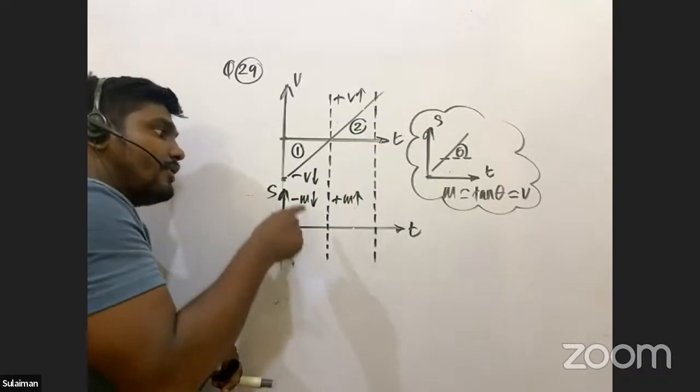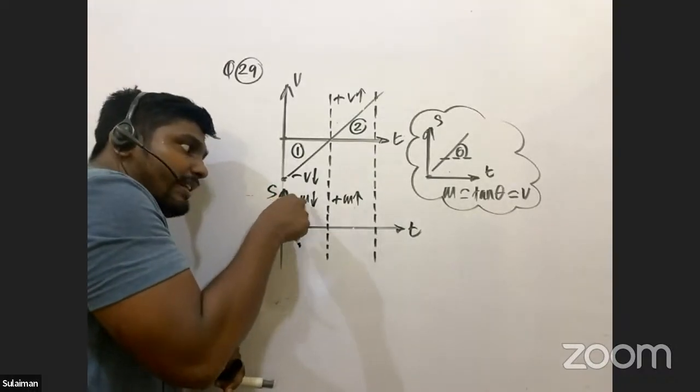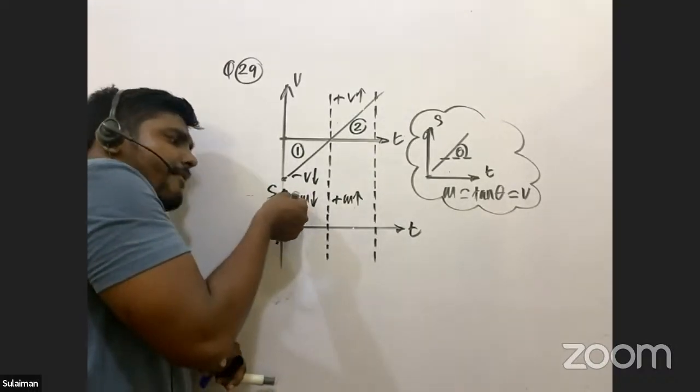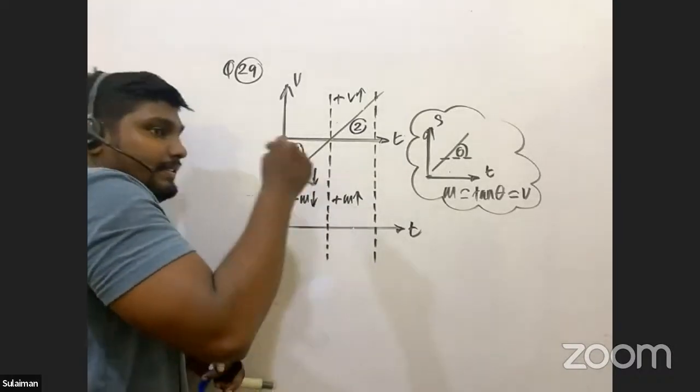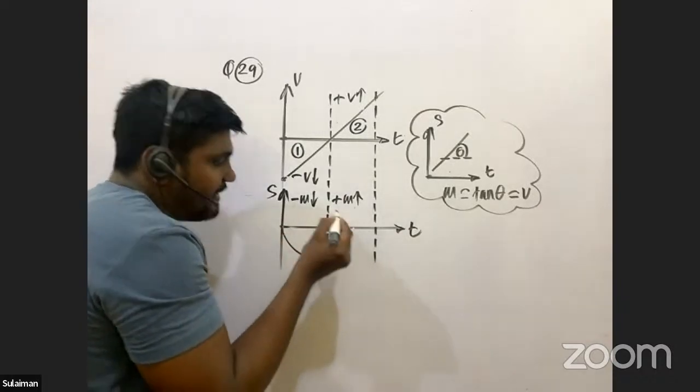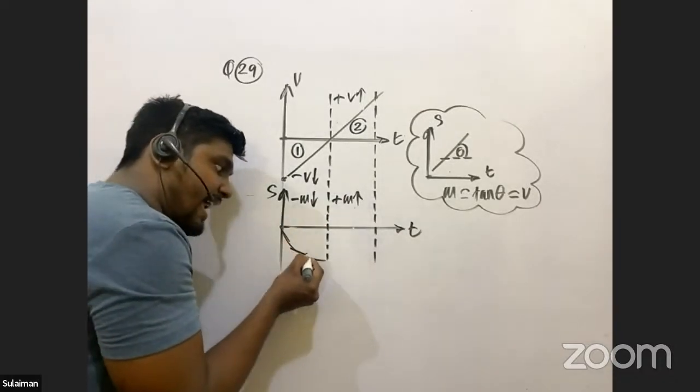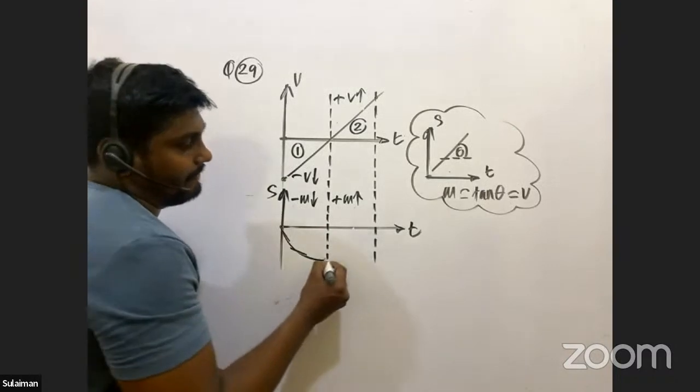When the negative gradient decreases, your obtuse angle must be increasing. See, your obtuse angle keeps on increasing.